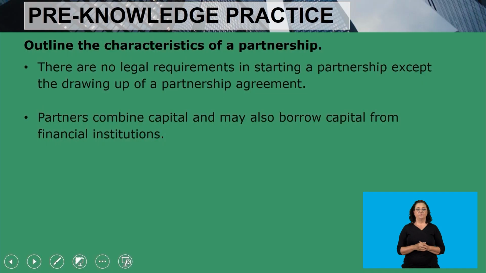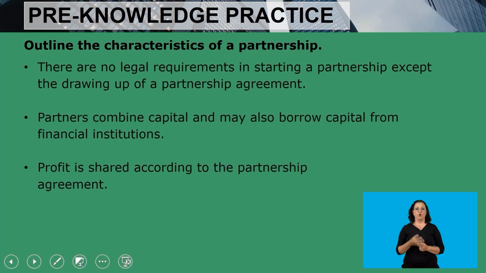Partners combine capital and may also borrow capital from financial institutions. Another characteristic of a partnership is that as partners, you are able to contribute your own capital and also be able to go and borrow capital from financial institutions in order to bring in to the partnership. Profit is shared according to the partnership agreement.